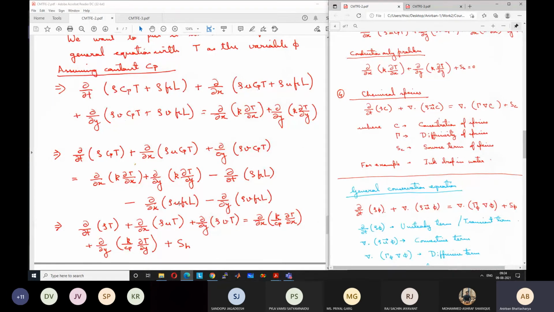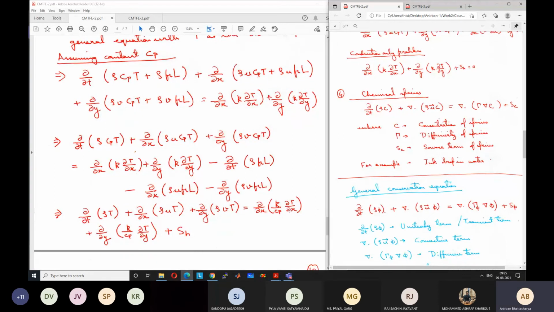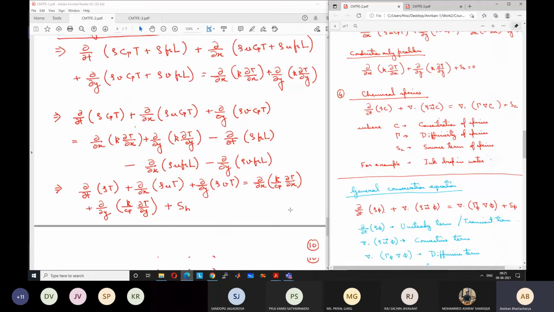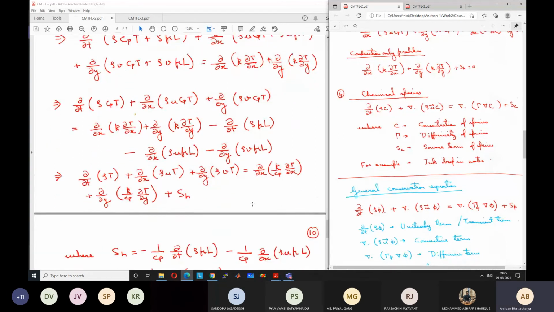Why are we putting it on the right hand side? We want to put them as the source term because they do not follow any of the form of these three terms. Okay. So we want to put them as the source term. So finally, we can write the equation by dividing both the sides by Cp, assuming that Cp is constant. If Cp is not constant, we have to solve this form of the equation.